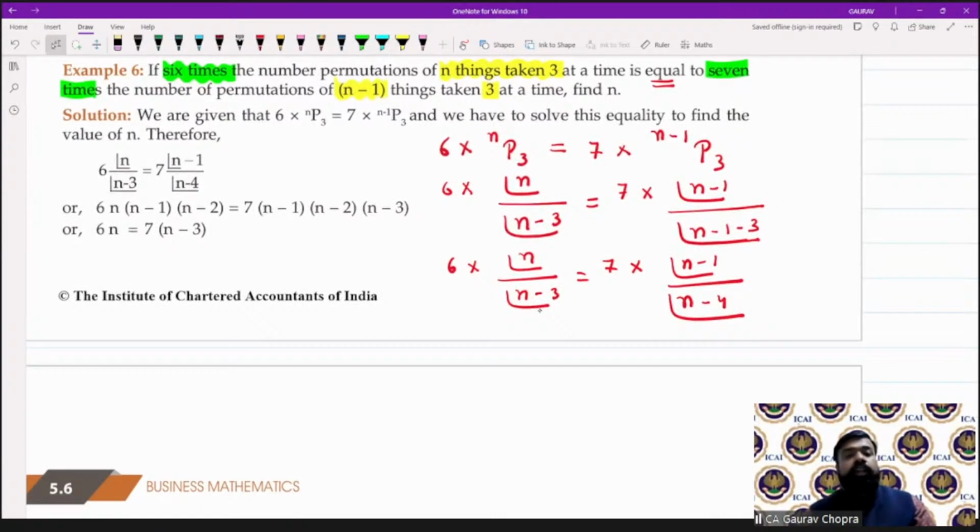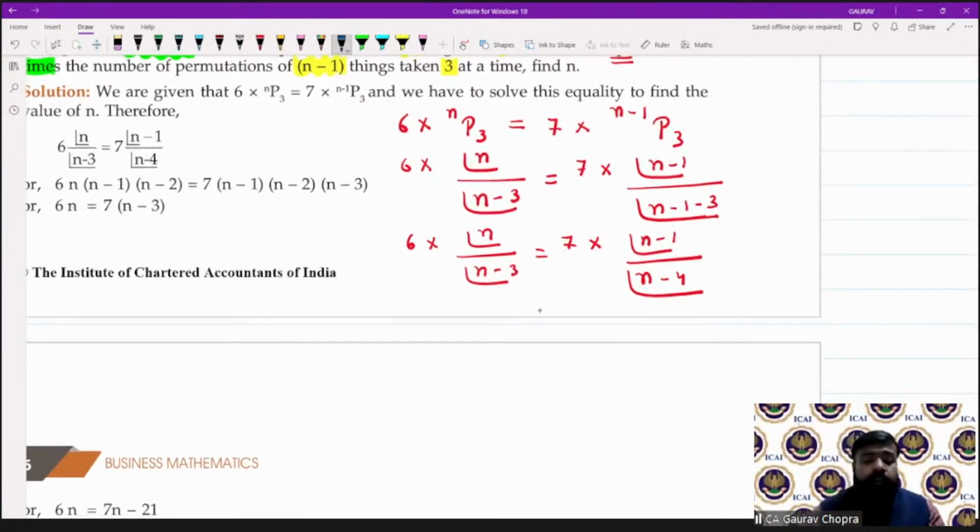So if we see clearly, n and n minus 1 are nearby, but which is the bigger one? n is bigger, so we can open n: 6 multiply by n multiply by factorial n minus 1 equals 7 into factorial n minus 1. So from here we can easily cancel n minus 1 factorial. So this n minus 1 factorial will get cancelled.